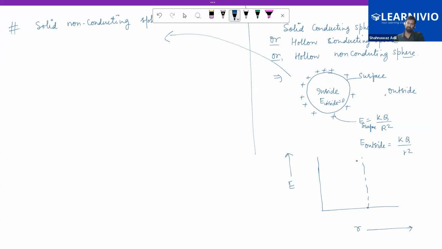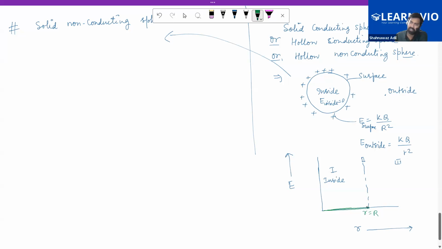Let's say this is inside, so inside there is no electric field. This is 0, right?